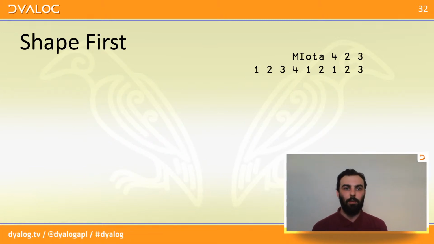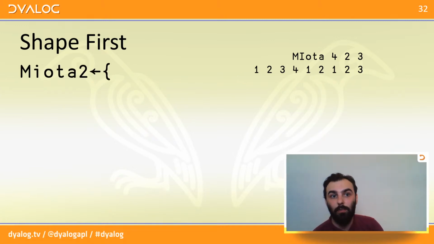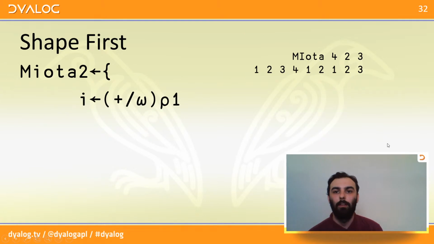In contrast, let's look at a shape first approach. So in this case, we know that we want 4 numbers, then 2, then 3. So that's 9 numbers. So we can generate a vector of ones of that length.